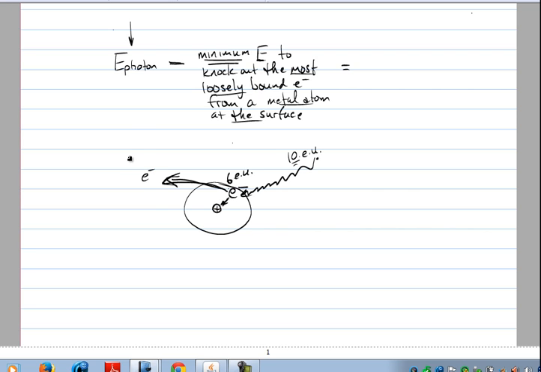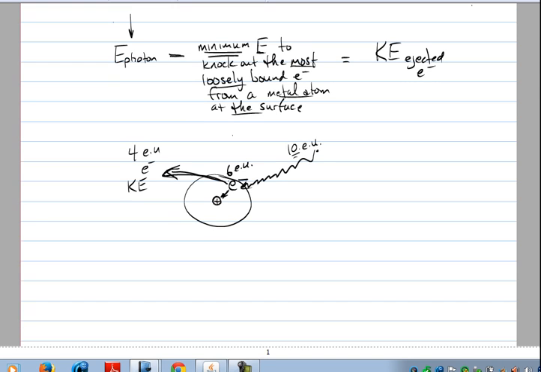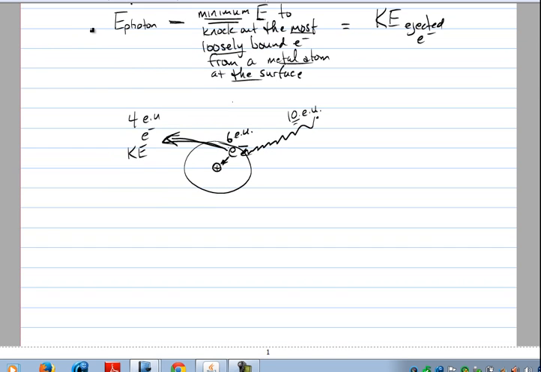So the ejected electron would have 4 energy units of motion, kinetic energy. So that's the equation. But of course, nobody's going to write out minimum energy to knock out the most loosely bound electron every time. That's far too tedious.